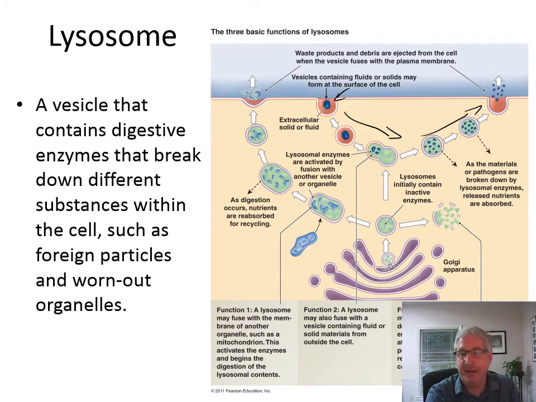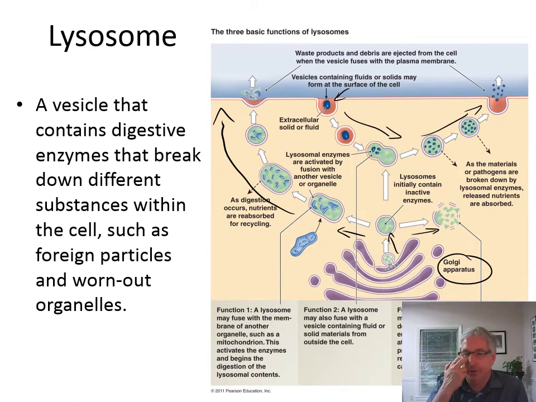There's other things that can happen. From the Golgi apparatus, you can make these vesicles that come up, and it can go one or two ways. One, it can be used inside the cell, or two, it could be sent on out to the outside of the cell, or it could be sent to a lysosome and broken down.